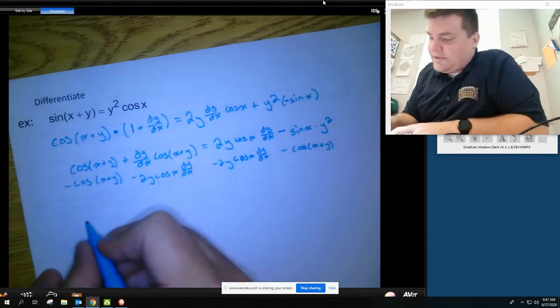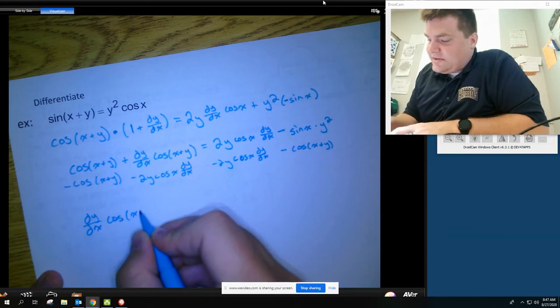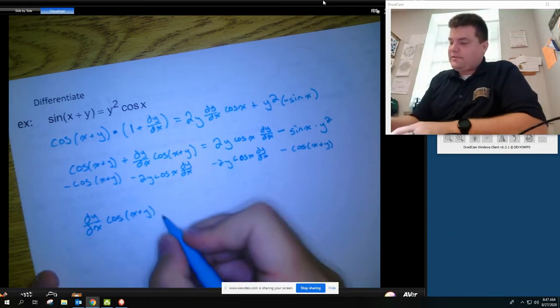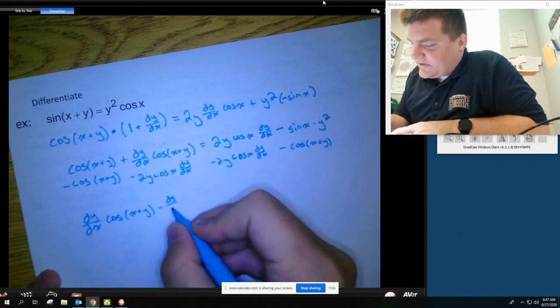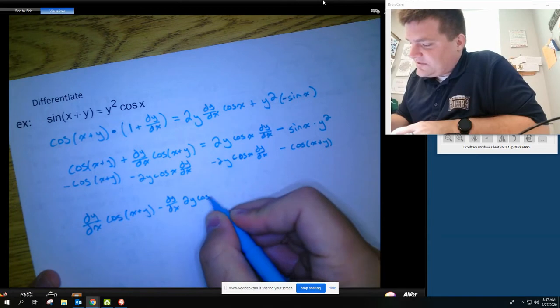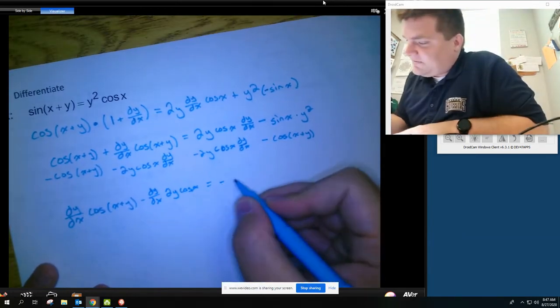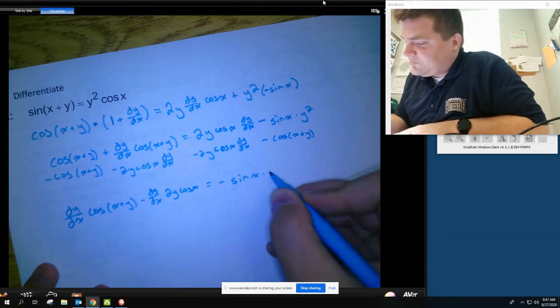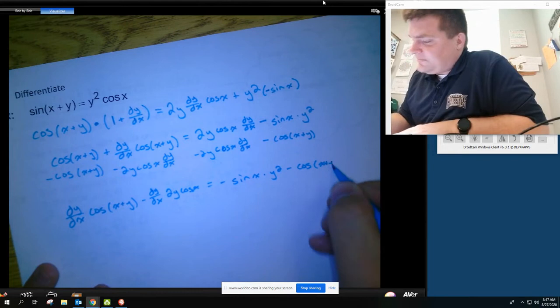So I'm left with dy dx cosine of x plus y. I didn't touch that on the left-hand side. Move this over now. So minus, I'll just put the dy dx in front now, dy dx 2y cosine x. And with this sign, we're going to get the two negatives here. So we're going to have negative sine of x times y squared minus cosine of x plus y.